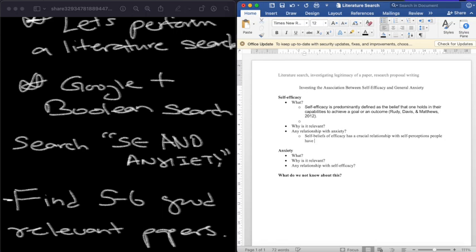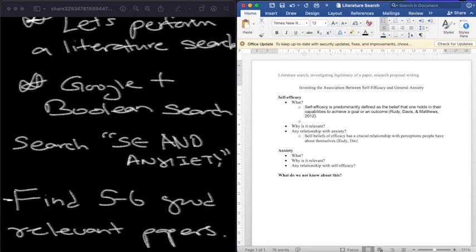people have about themselves. So you have to paraphrase these things as well, because if you just copy and paste, it's not helping you by any means. So I'm not going to do that. So self-beliefs of efficacy have a crucial relationship with perceptions people have about themselves. So, who's saying this?